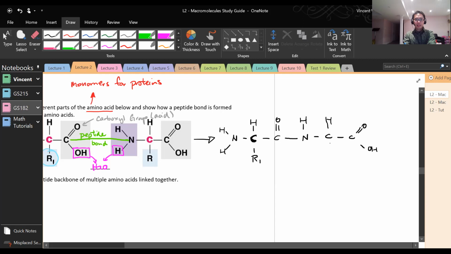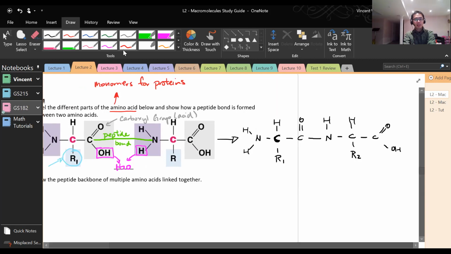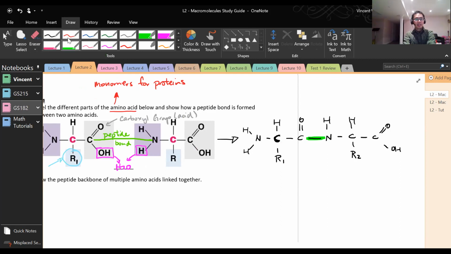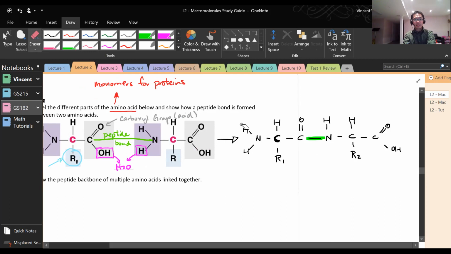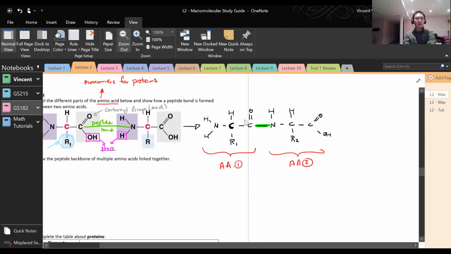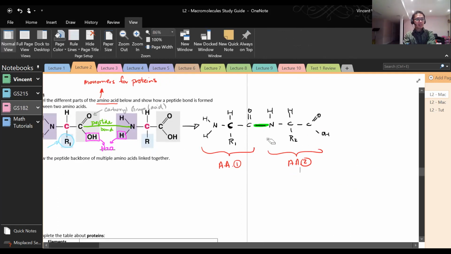Again, don't try to copy it. Just try to watch and understand what's going on. So you see that this peptide bond is basically right here, connecting the two together. And then this would be amino acid number 1, and this would be amino acid number 2. Is there any question about what I did here?